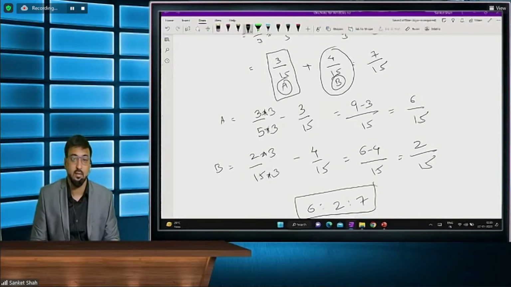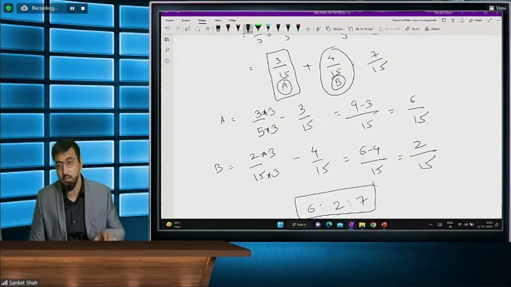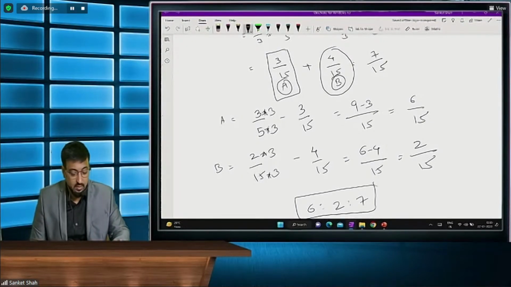B gave 4/15. We deducted it from B's share and we got the answer 6:2:7. Write down over in the comment section.